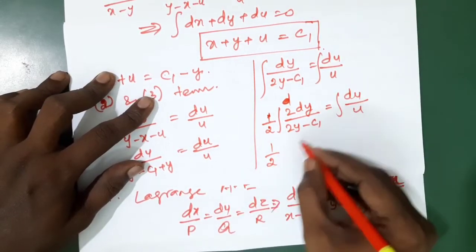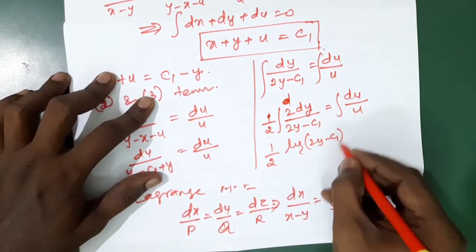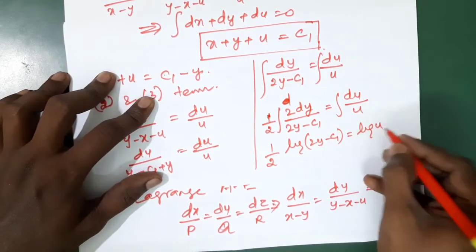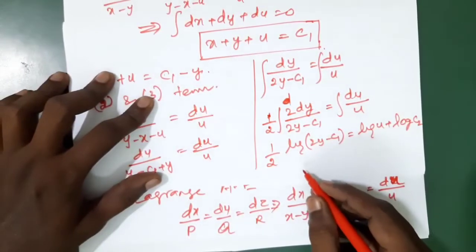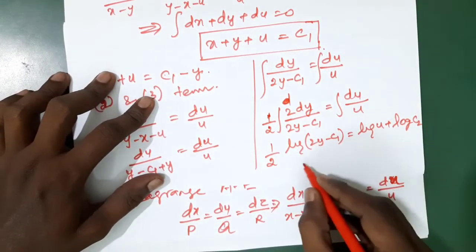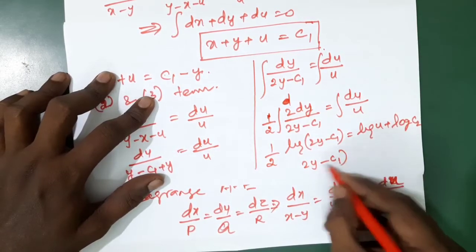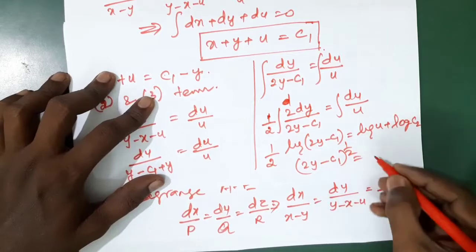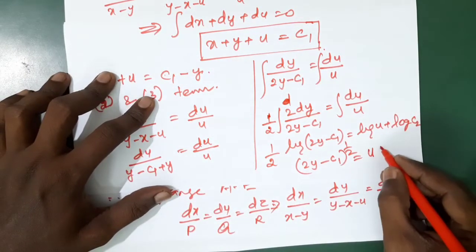So 1 over 2 log of 2y minus c1 is equal to log u plus log c2, we can write. And then 2y minus c1 whole to the power 1 by 2 is equal to u into c2.